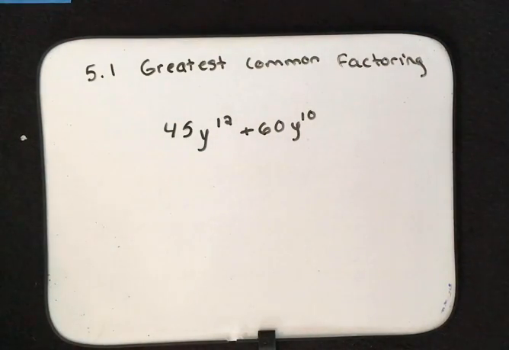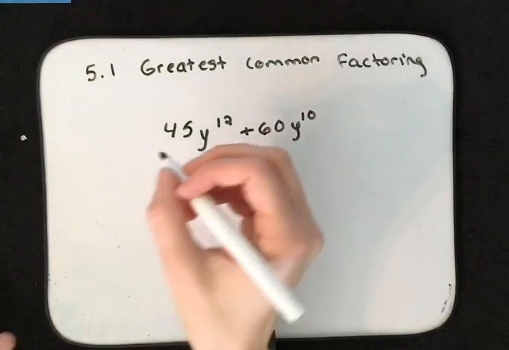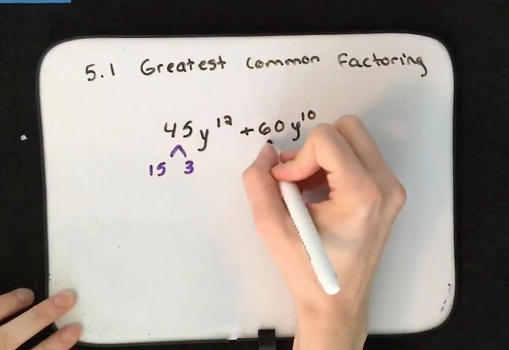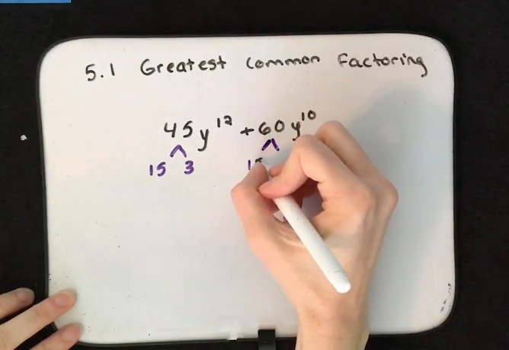We don't want to have to always write out every single piece like we did in the last one for the 5 times p and the 5 times 5. So this one we need to think. We need to think of the factors of 45, and we need to think of the factors of 60. And let's think about the highest number that's in common to both. Hopefully you recognize that 45 is 15 times 3, and 60 is 15 times 4.